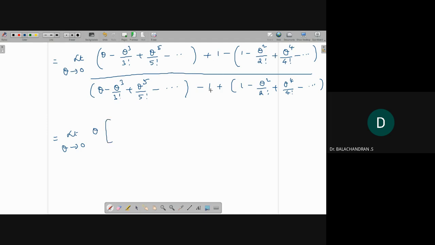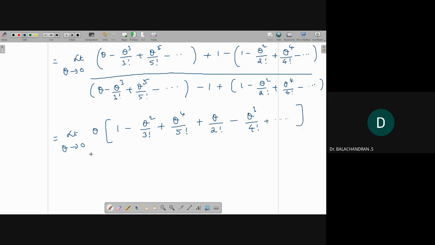After cancelling, what is remaining? 1 minus theta square by 3 factorial plus theta power 4 by 5 factorial, and then minus theta by 2 factorial plus theta cube by 4 factorial, and so on.